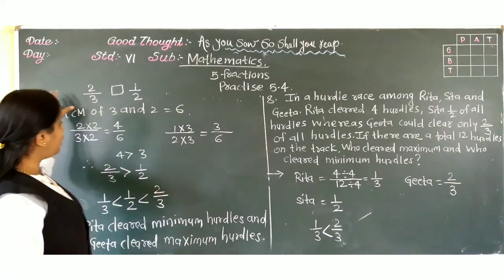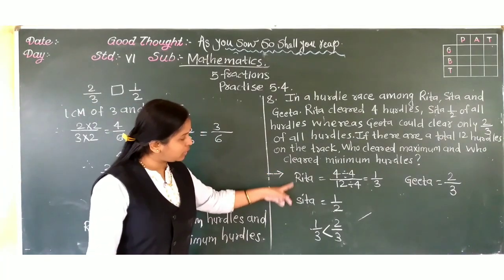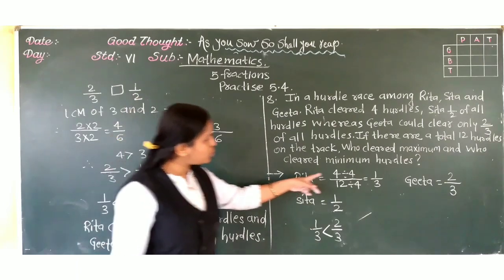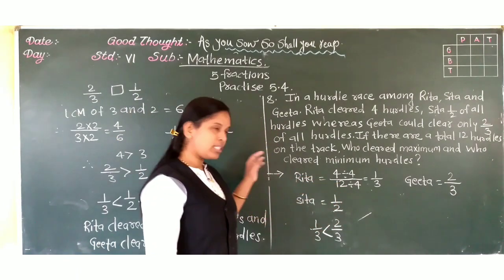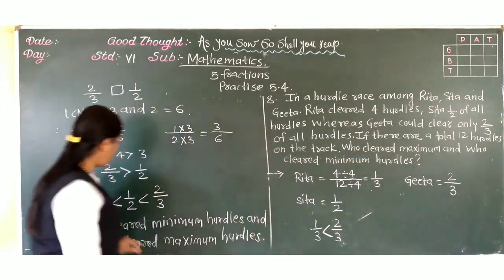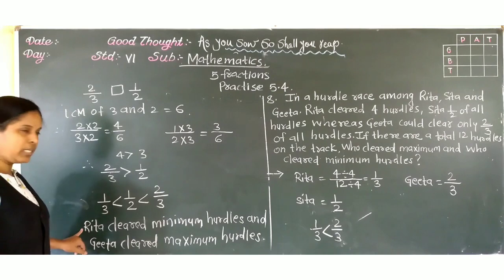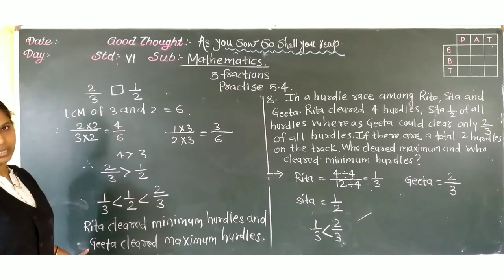So here, if you compare Rita and Sita, then also you will see Sita's is greater. That means Rita is smallest, then Sita, and then Geeta. Okay. So who has cleared minimum? Rita, and the maximum hurdles were cleared by Geeta.